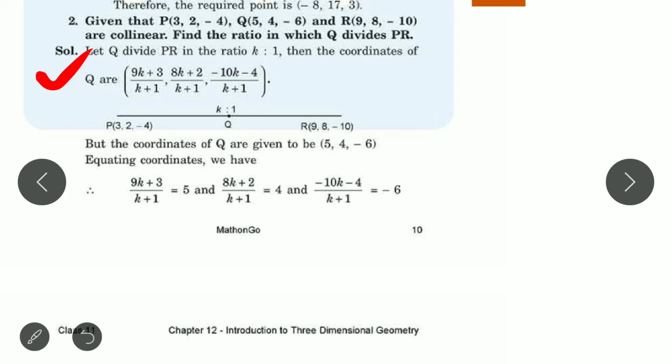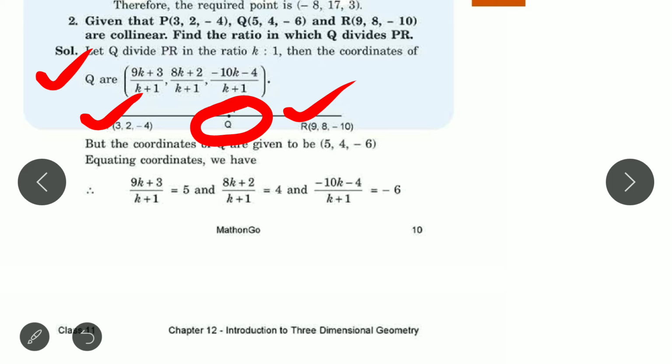See the diagram, you can see the coordinates of Q. In the diagram, you can see P and R are 2 points and we are considering Q to be dividing PR in the ratio k:1. So, we find out the coordinates of Q in terms of k using the internal division formula.